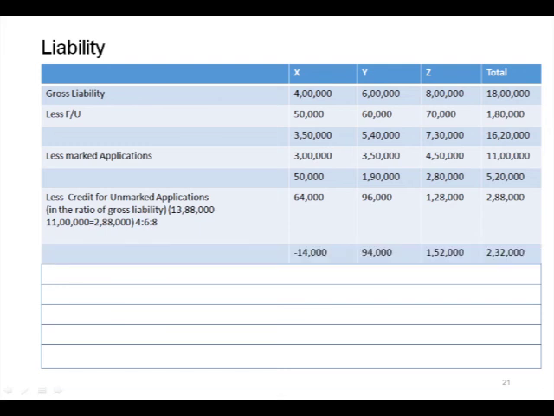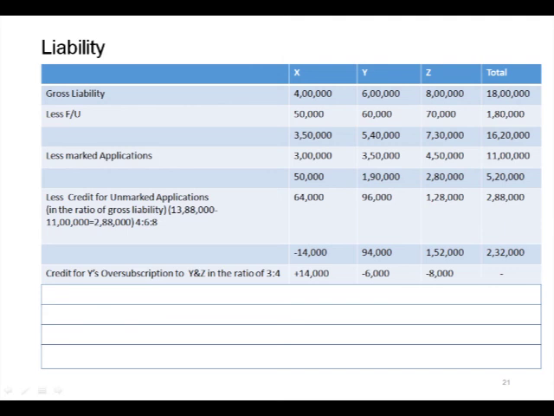Now the remaining liability is negative 14,000 in case of X and positive in case of Y 94,000 and 1,52,000 in case of Z, and total is 2,32,000. Now we will divide the share of minus 14,000, means minus liability of X, among Y and Z in the ratio of their gross liability, that is 3:4.